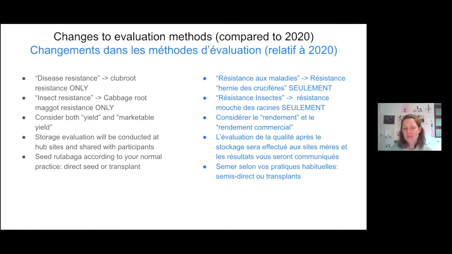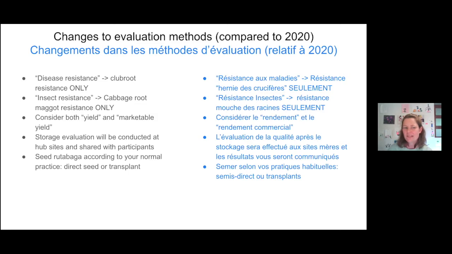Same thing for insect resistance. We're narrowing it down to cabbage root maggot resistance only. We're going to be looking at both yield and marketable yield. So overall, how much yield did you get and how much of that can you actually sell, versus how much of it you just have to discard because it's damaged or it's not appealing.